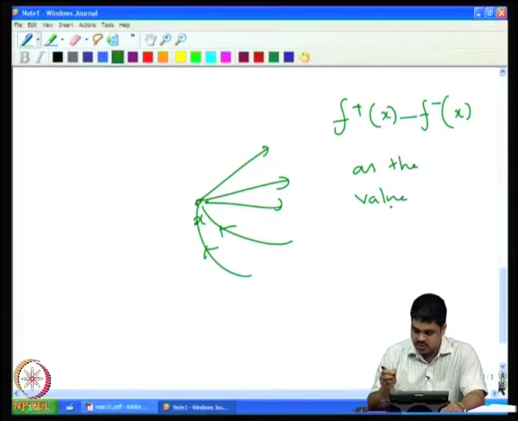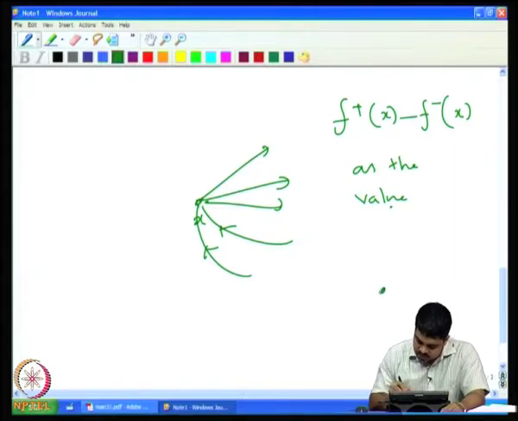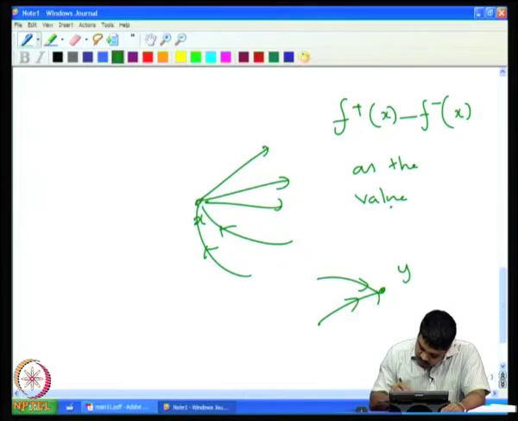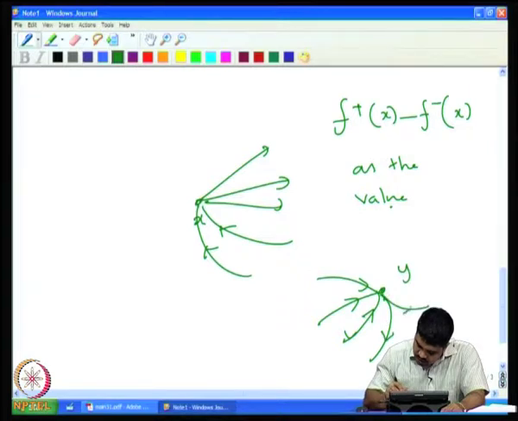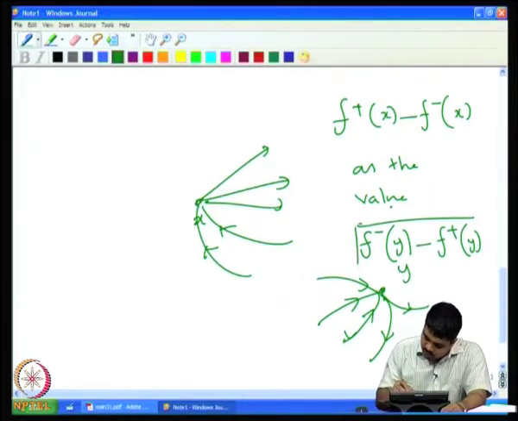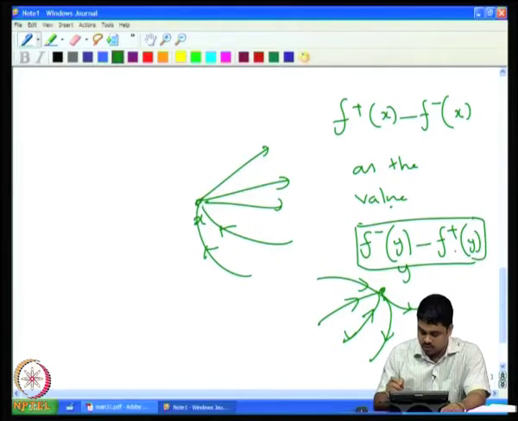These are all interesting questions. For y, we will be interested in what is entering y. There are certain edges going into y and certain edges going out of y. We will be interested in f minus of y minus f plus of y. This is the net inflow into y.